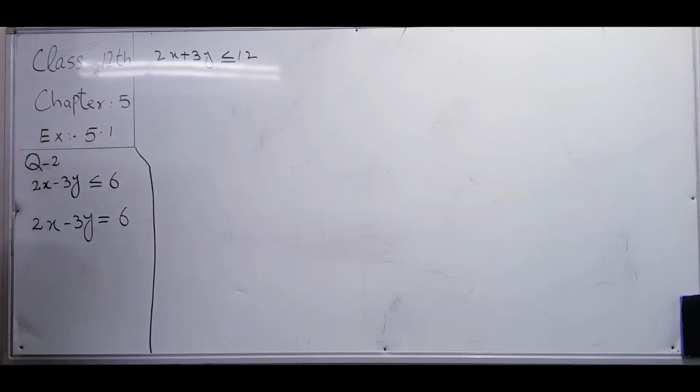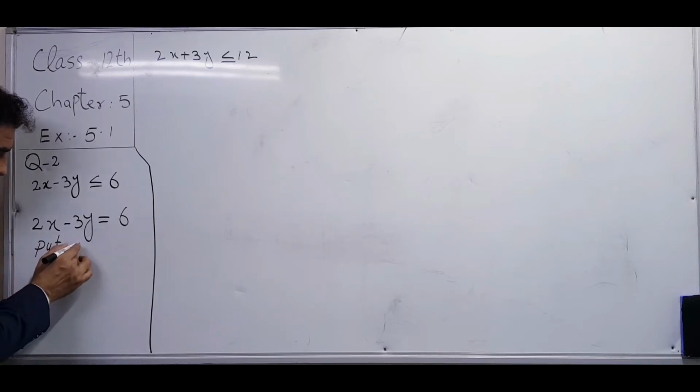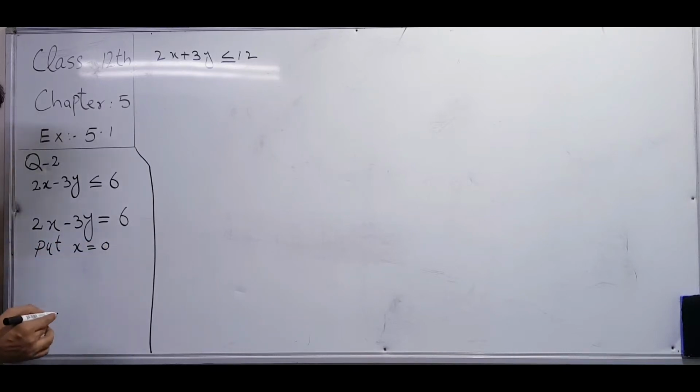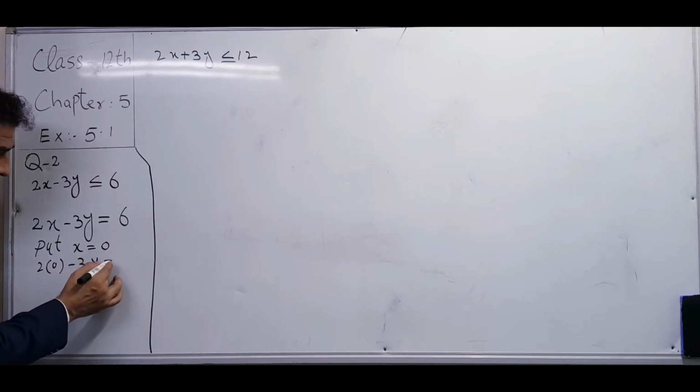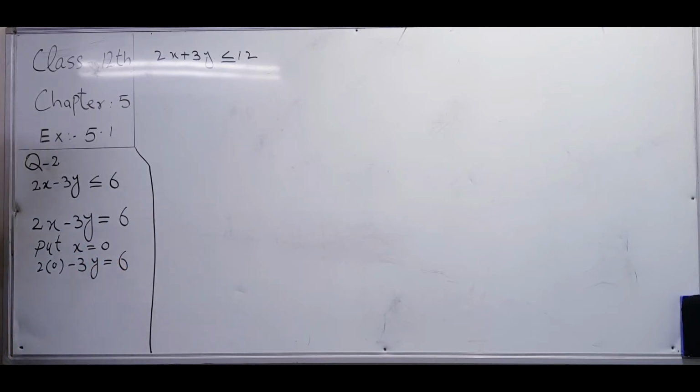After that, what we did? Good. Find two ordered pairs. How to find? Put x is equal to 0. Find the value of y. So when putting 0, 2 into 0 minus 3y is equal to 6.